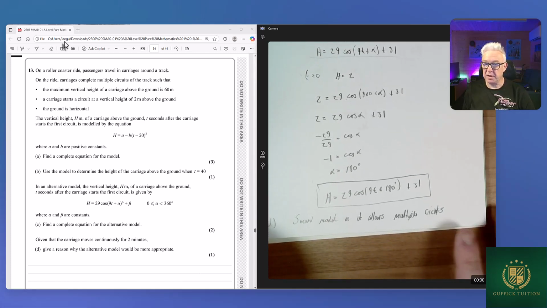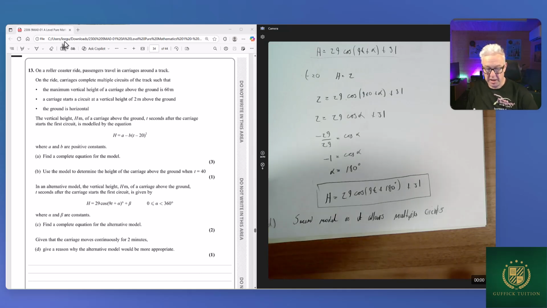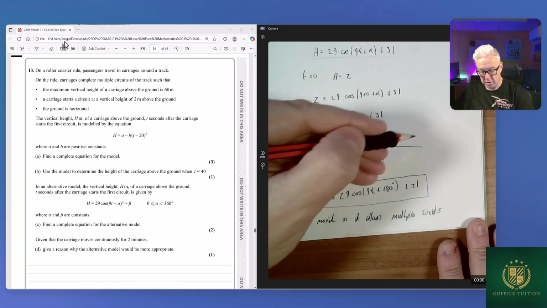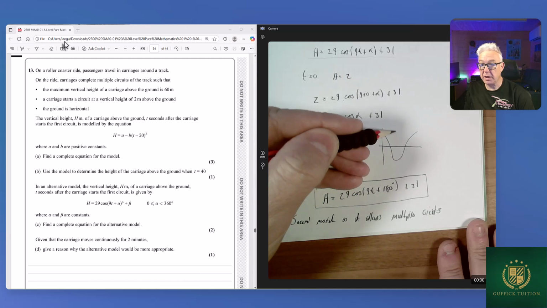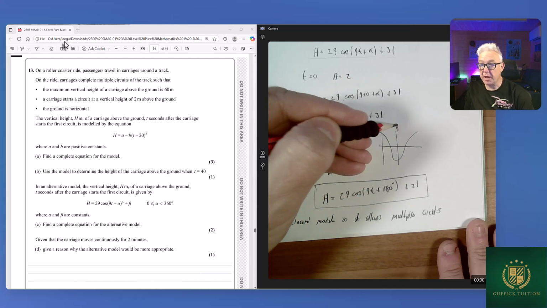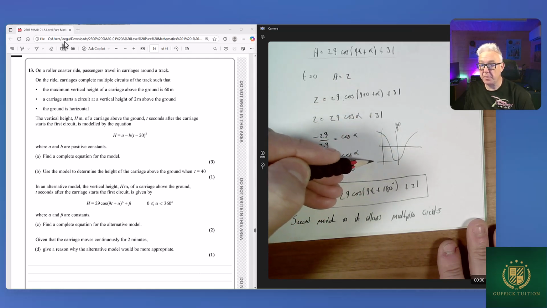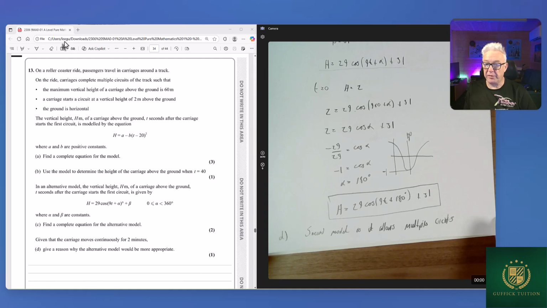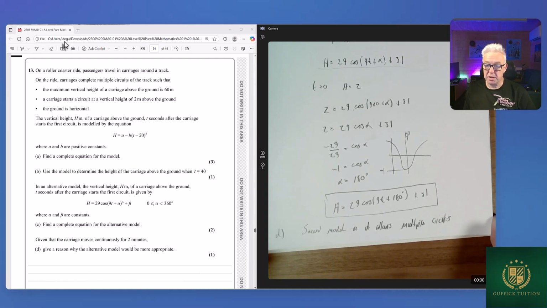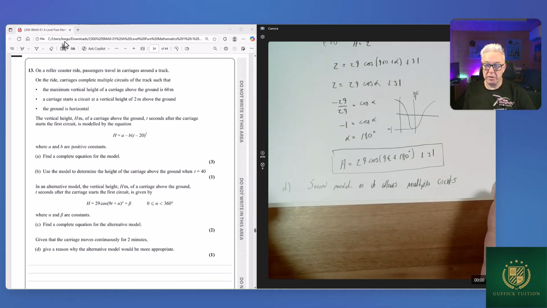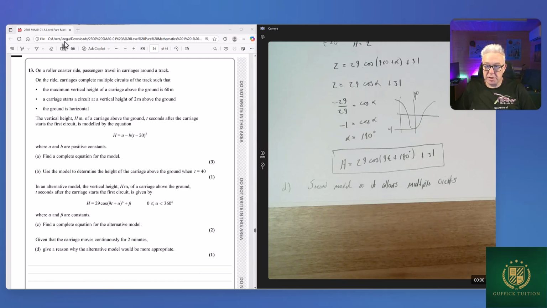So cos alpha is equal to minus 1. And from the graph of cosine, we know that that's going to occur at 180 degrees, where cos is minus 1. So therefore alpha is 180 degrees. So our complete model for this alternative version of the roller coaster's motion is h equals 29 cos(9t plus 180) plus 31.